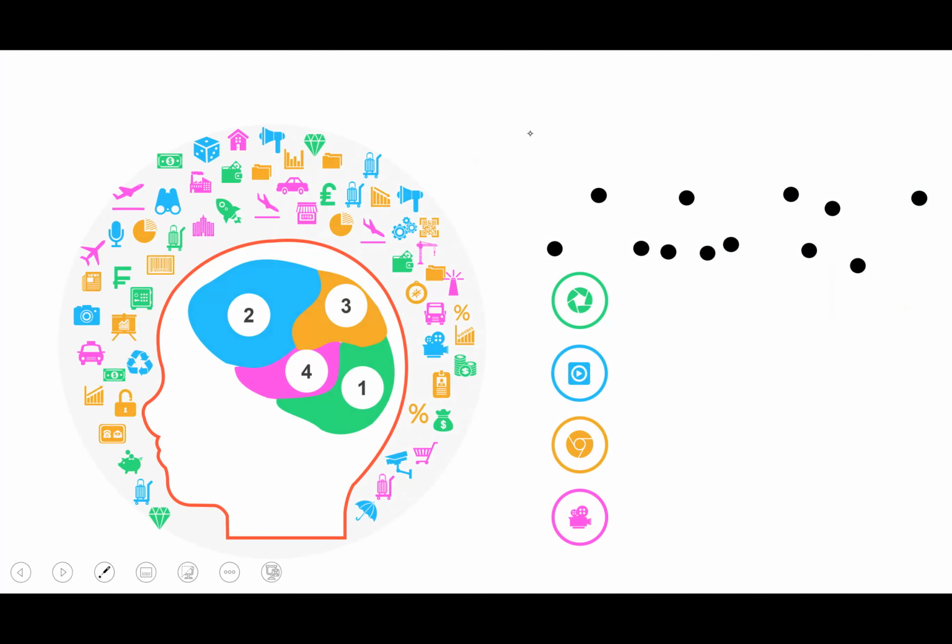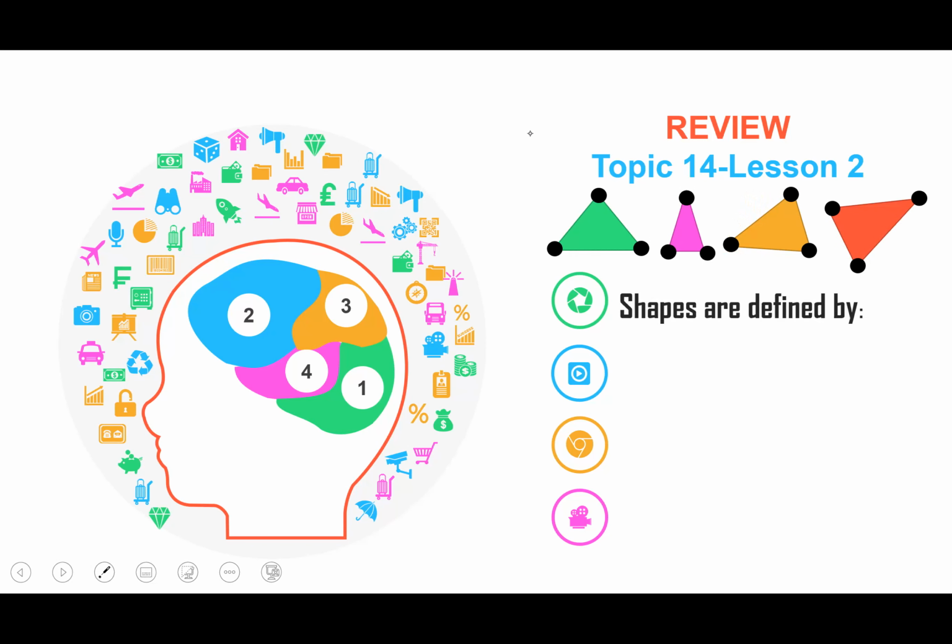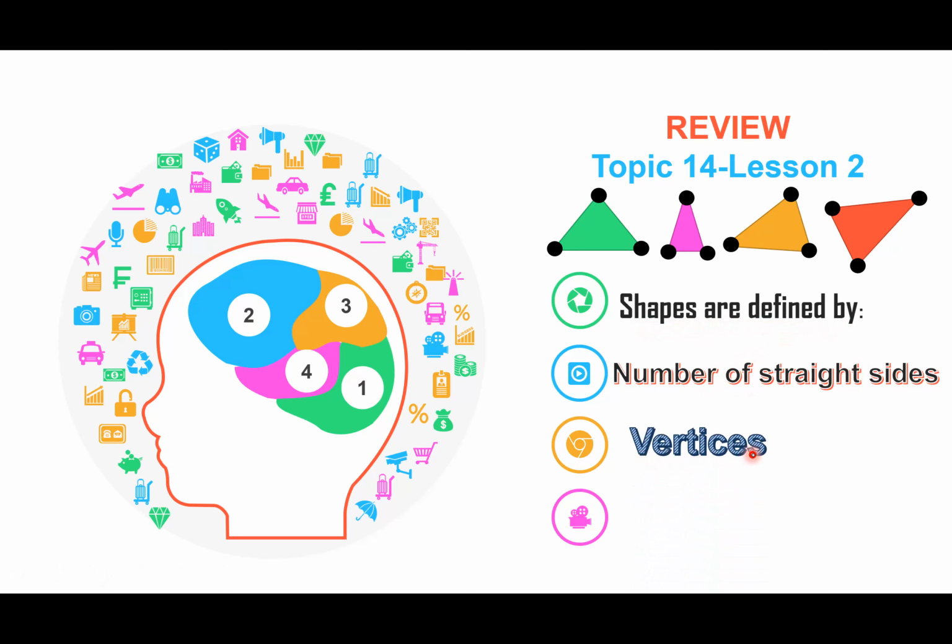Now let's review what we learned yesterday. We learned that shapes are defined by the number of straight sides, they are defined by vertices, and they are closed shapes. How can I say this shape is a triangle?